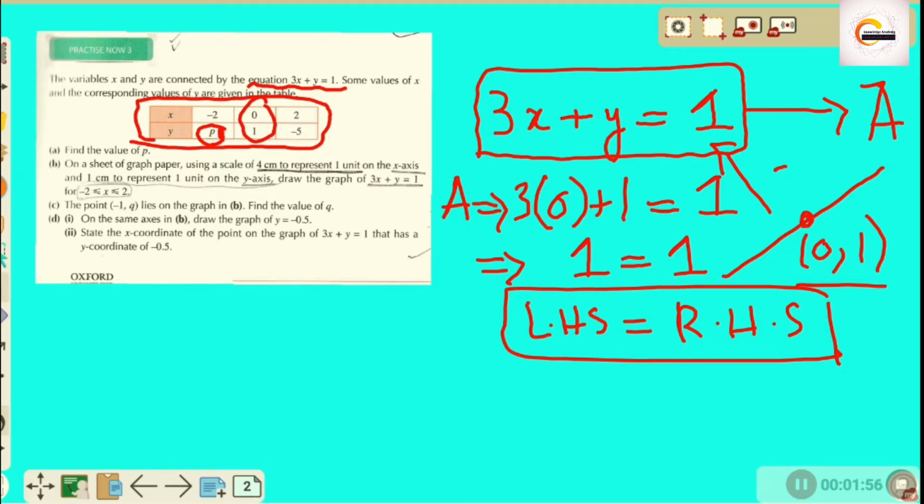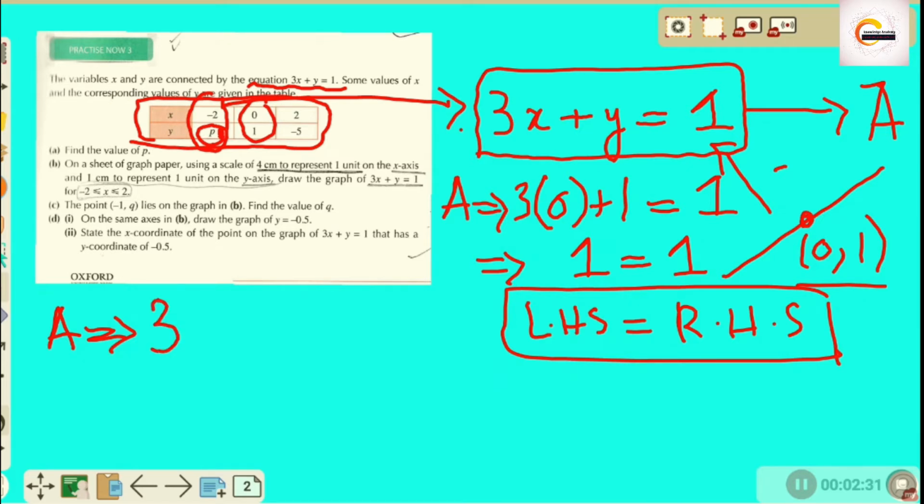So now let's get back to our question. If this point -2 and p lies on our given equation, then the coordinates of this point must satisfy the equation. So let's put these points in our equation A and see if we can get the value of p.